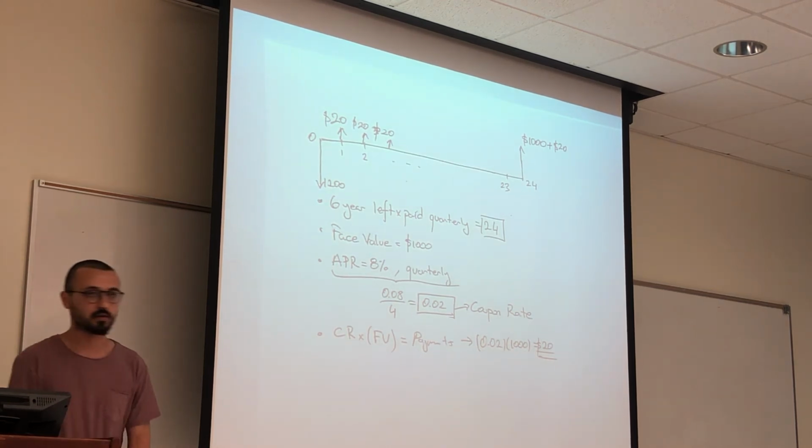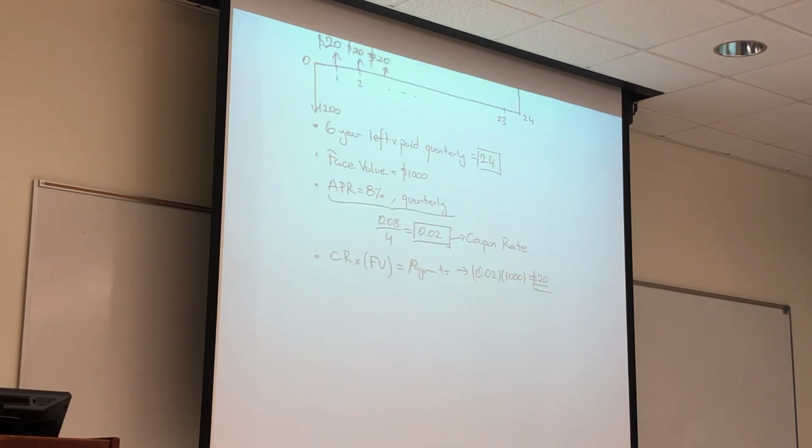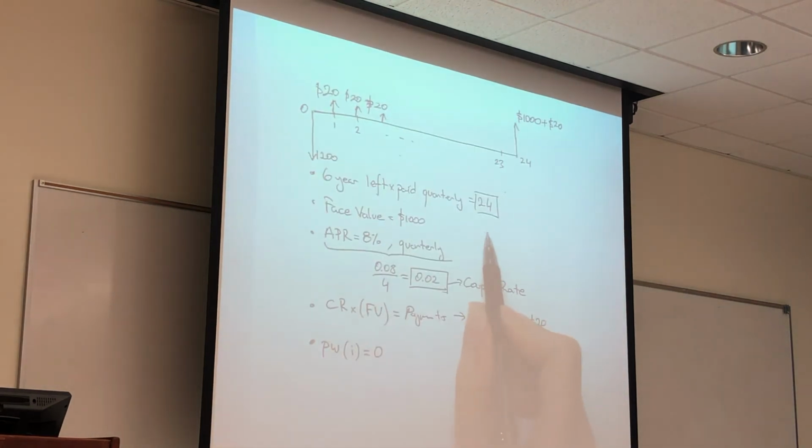There's one more thing that we need to find out: yield to maturity. Yield to maturity is basically the IRR for this thing. So we're gonna find the present value with an interest rate that makes the net present value 0, for this cash flow diagram.